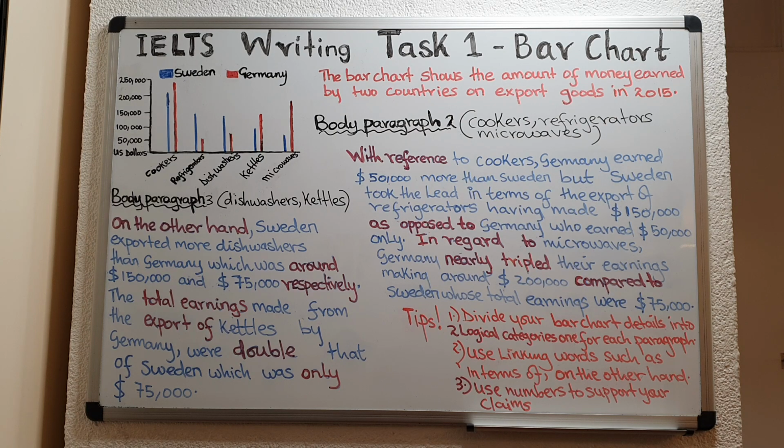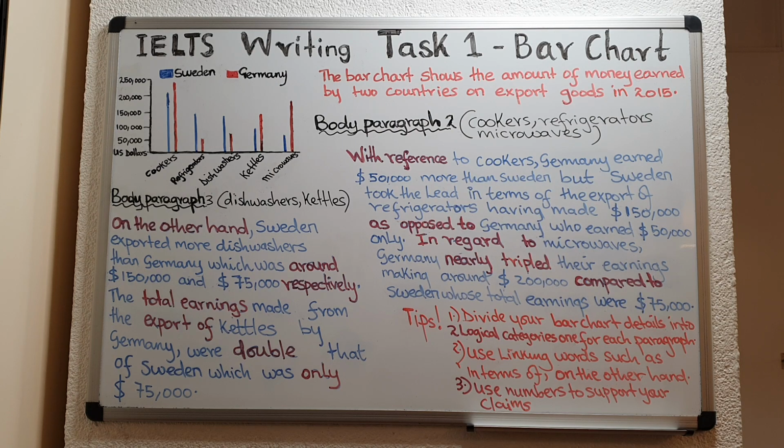Okay, now let's move on to body paragraph 3. In this paragraph, I'm going to talk about the other two items, and that is dishwashers and kettles. On the other hand, remember the reason why I am using on the other hand is because in the previous paragraph, Germany was leading.